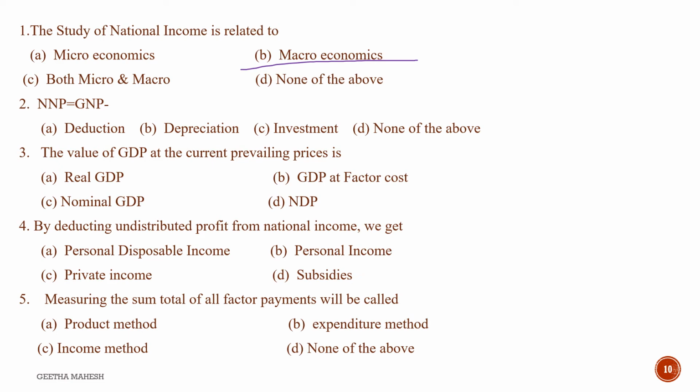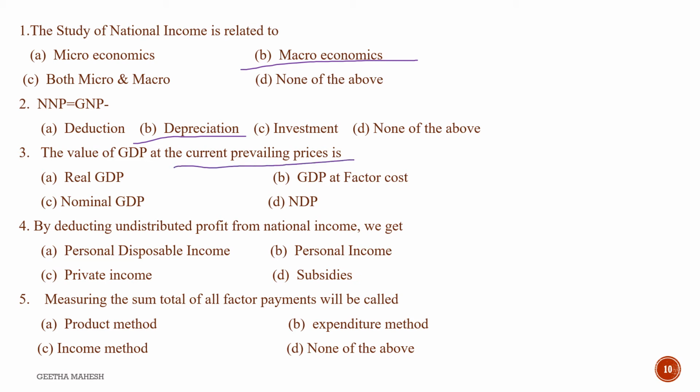NNP equals GNP minus, we need to convert gross into net. So what should we deduct? Deduction, depreciation, investment, none of the above. The right answer is depreciation charges should be deducted. The value of GDP at current prevailing prices is real GDP, GDP at factor cost, nominal GDP, NDP.